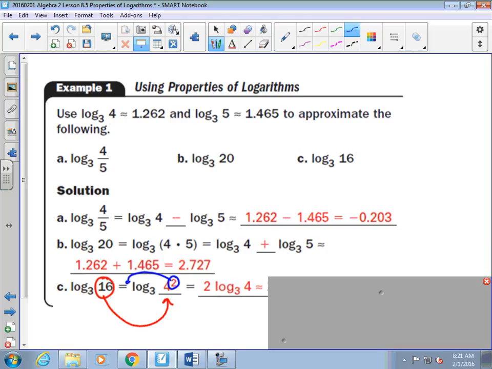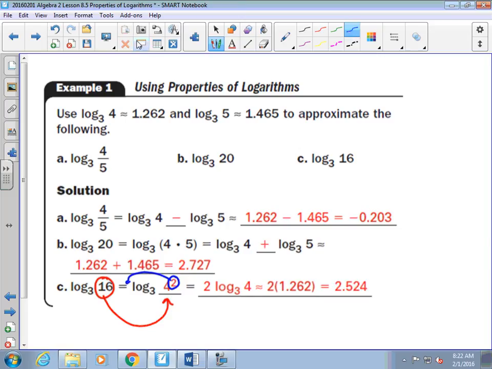And again, we know what log base 3 of 4 is. It's approximately 1.262. So it's 2 times 1.262. And when you multiply 2 times 1.262, you get about 2.524.